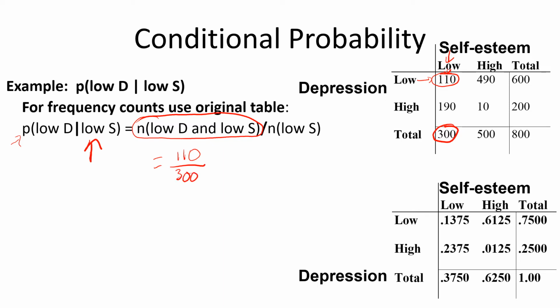So this is equal to 0.3667. It's actually 0.3666 repeating, but 0.3667 is the probability here.